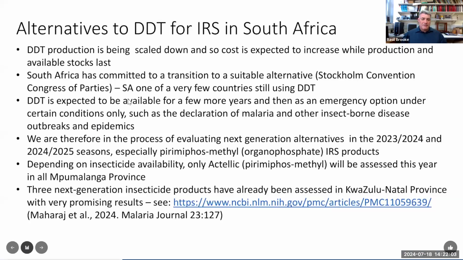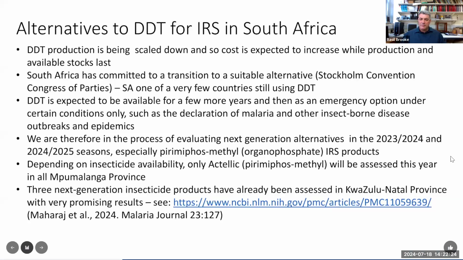So we have some problems coming up, though. The production of DDT is being scaled down because it is listed as one of the persistent organic pollutants, as I'm sure you know. We are a signatory to the Stockholm Convention, which means we actually need to phase out our use of DDT as soon as possible.